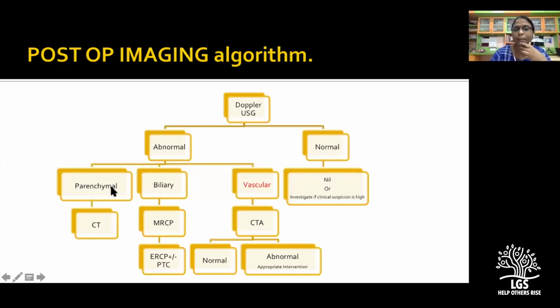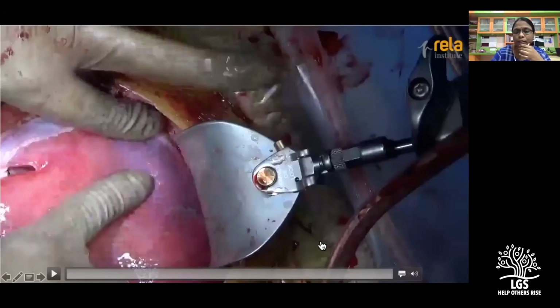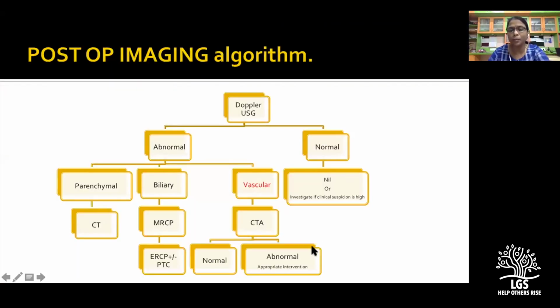When we suspect any parenchymal abnormality, we proceed with CT. And to confirm the vascular abnormality, we usually do CT angio. And if it is abnormal, then we proceed with the intervention. And for biliary complications, usually MRCP is the diagnostic modality of choice. And intervention is done with ERCP.